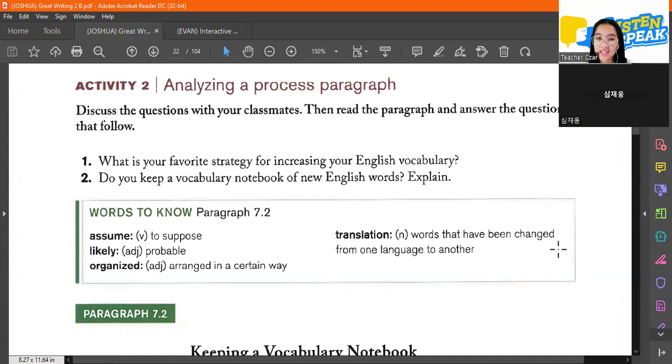Because your first language is Korean, meaning your second language is English. So what is your favorite strategy for increasing your English vocabulary? First question.